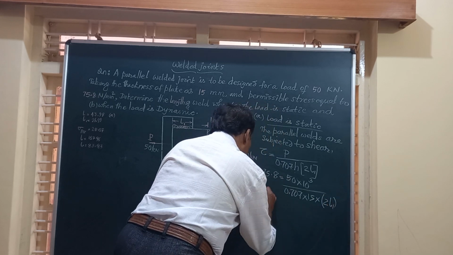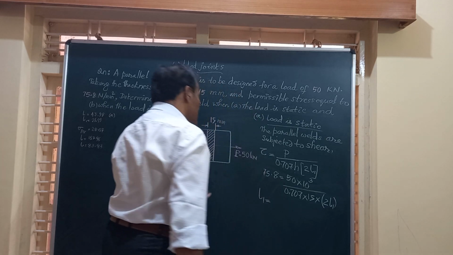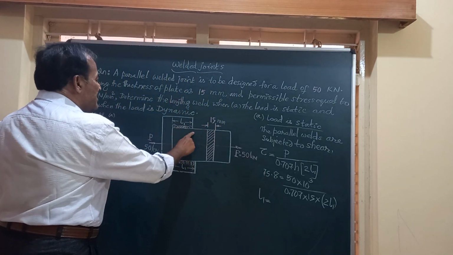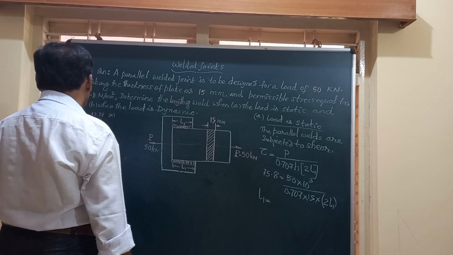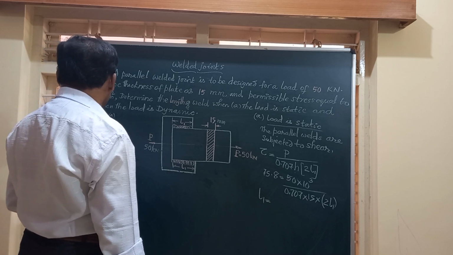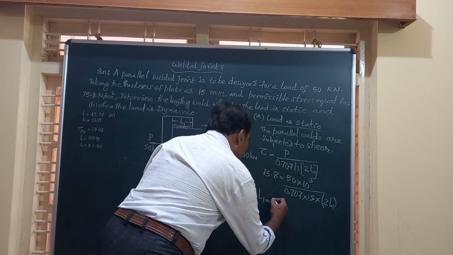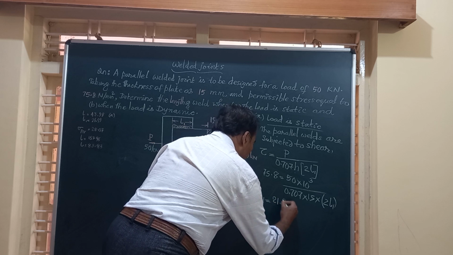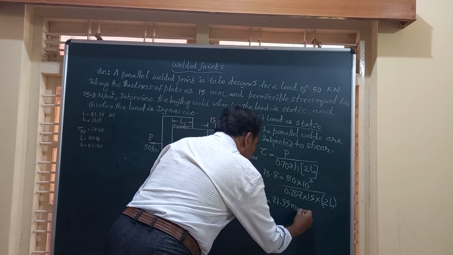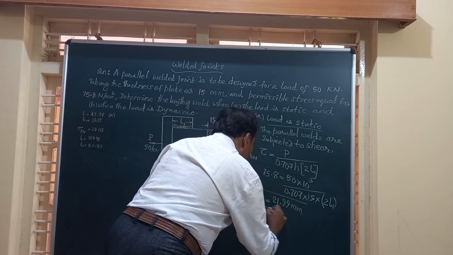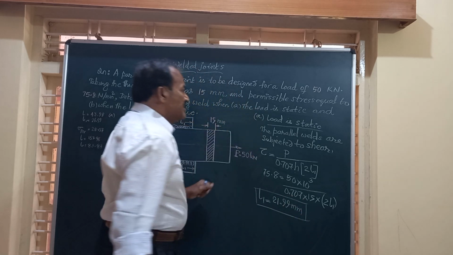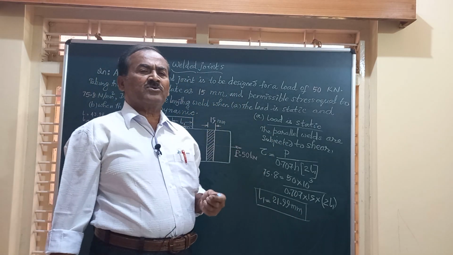So friends, you will obtain what is L1. L1 is the length of each of these parallel welds, and this works out to the value 21.99 millimeter, which is the length of weld required in case of the static load.